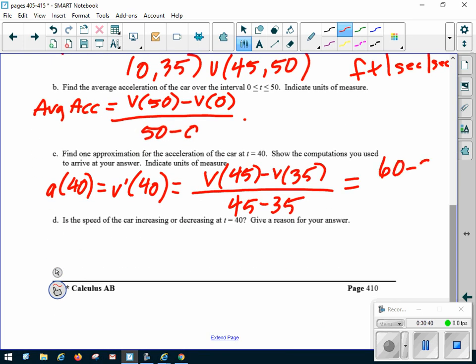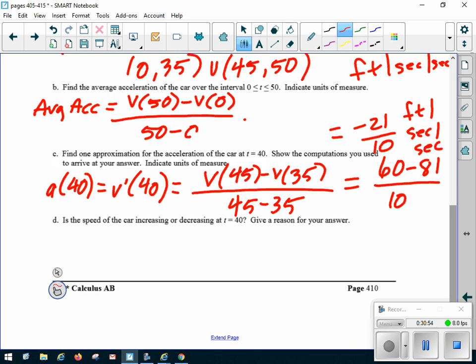Over 10. Negative 21 tenths. What? Feet per second per second.